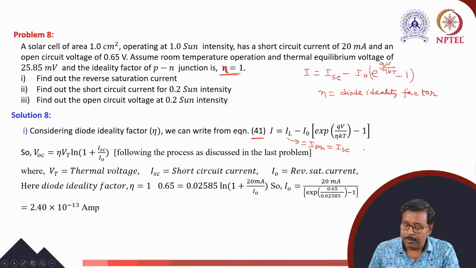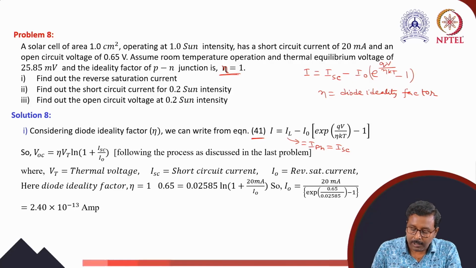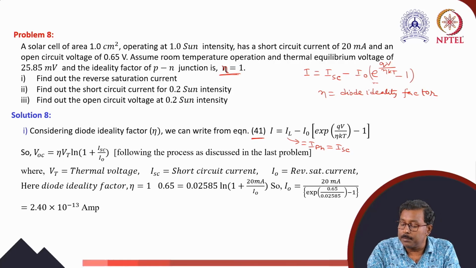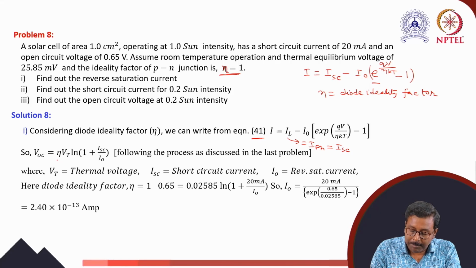Be careful. And open circuit voltage from the logarithmic expression is eta Vt ln 1 plus ISC by I0. If you use this expression, eta will appear here, but eta is 1, so you can neglect it. Vt is thermal voltage, ISC is short circuit current. So find out the reverse saturation current.